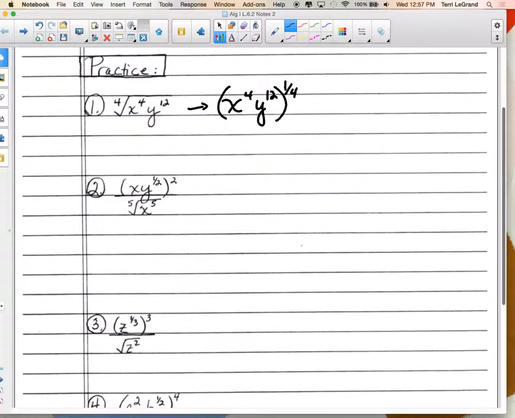What would we call x to the 4th, y to the 12th? You might have to get off that sheet that we did at the very beginning of the chapter that reviewed properties. What is x to the 4th, y to the 12th?